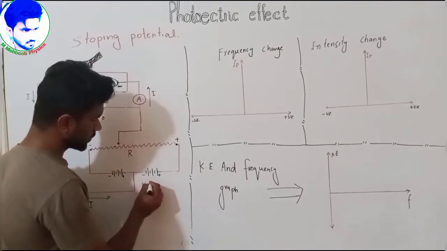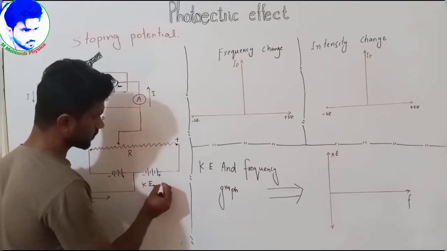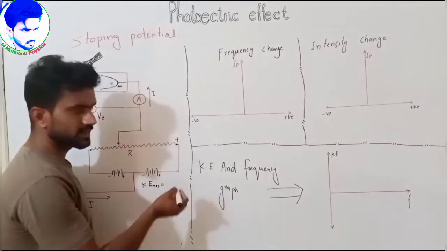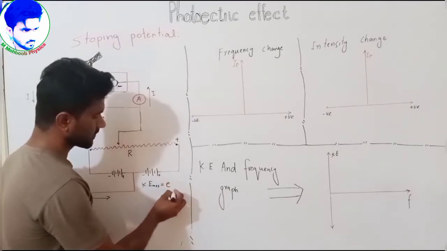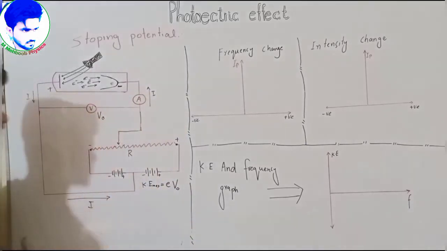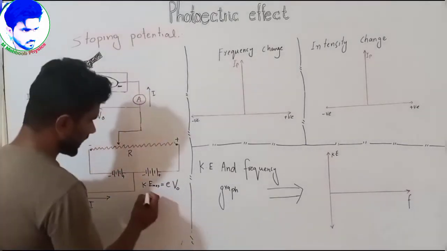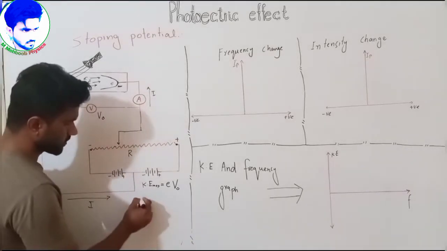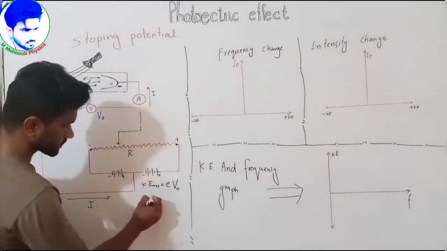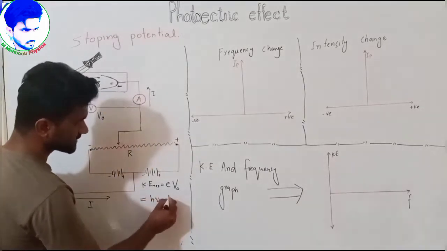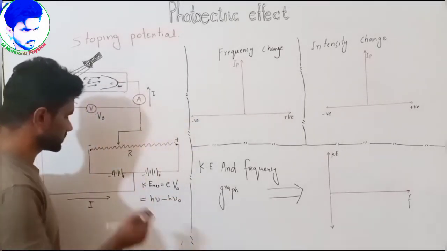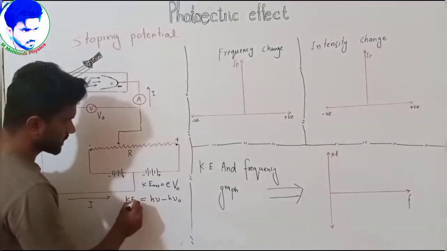Maximum kinetic energy will be equal to charge times potential difference, and the charge is basically that of the electron. So we place here e times V naught. We find the value of V naught from that point, and we also know the equation given by Einstein for the photoelectric effect, and that is equal to h nu minus h nu naught. That's the work function, that's the energy of the light photons, and that is the maximum kinetic energy.